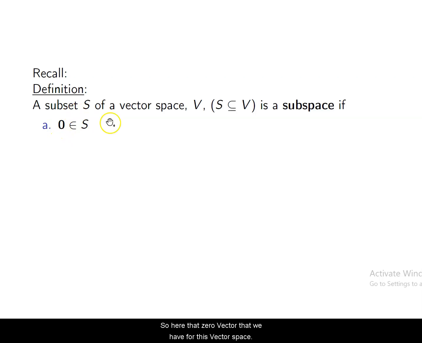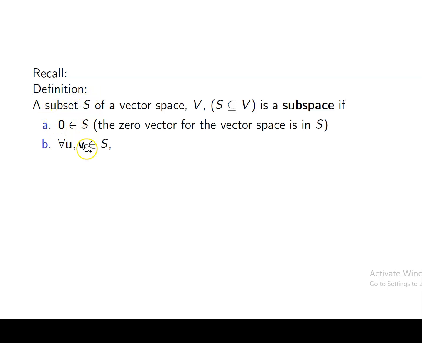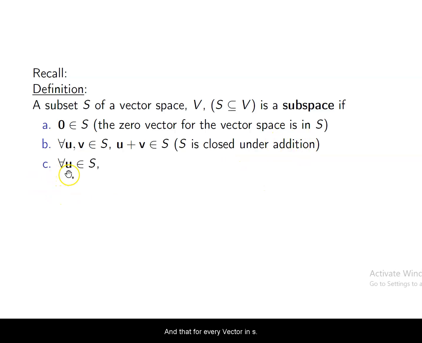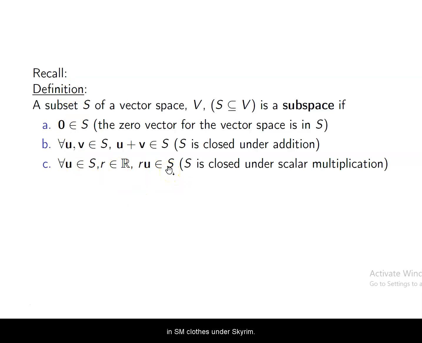So here, that zero vector that we have for this vector space is also in this collection of objects we call S. The zero vector for the vector space is in S. If I take two vectors in S and I add them together, they will stay in that subset also. Okay, it's closed under addition. And then for every vector in S, if I take a scalar and I multiply one of those objects in S by a scalar, I will still be in S. I'm closed under scalar multiplication.